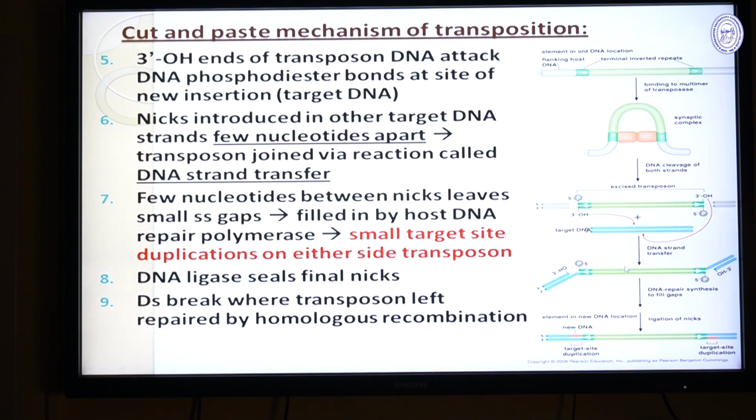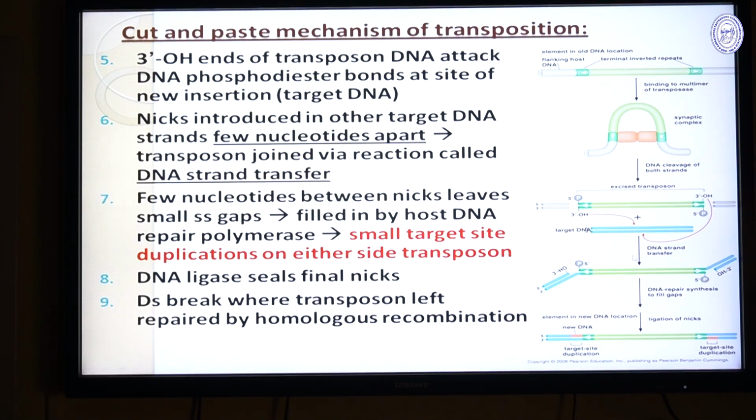After this, the few nucleotides between the nicks are left as small single-stranded gaps. As you all know, this is the same mechanism as followed in the replication pathway. So there is nick sealing, and finally the DNA ligase comes into play and does the final sealing, and there is no more discontinuity.